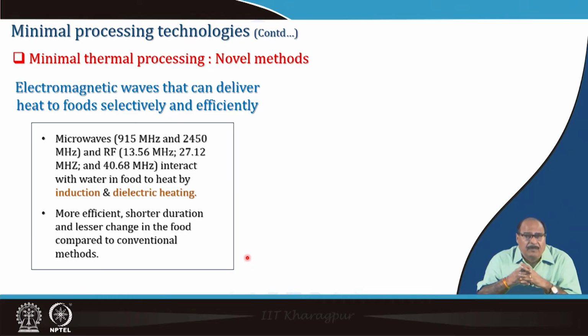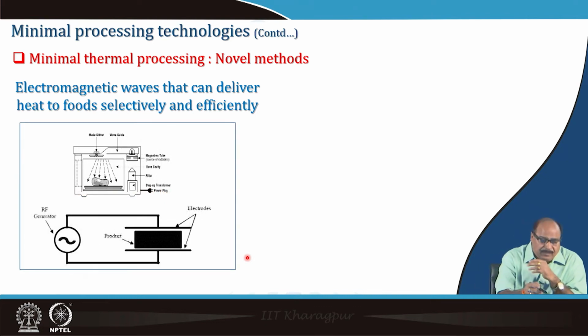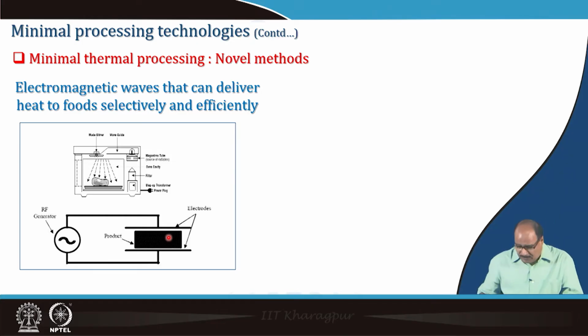It is more efficient, of shorter duration, and causes lesser change in the food components as compared to the conventional methods. You see that this is the microwave oven here. The microwaves come in and the food material is kept in this. Similarly, in the radio frequency generator, the product is kept between two electrodes and it is given heating for a short time.